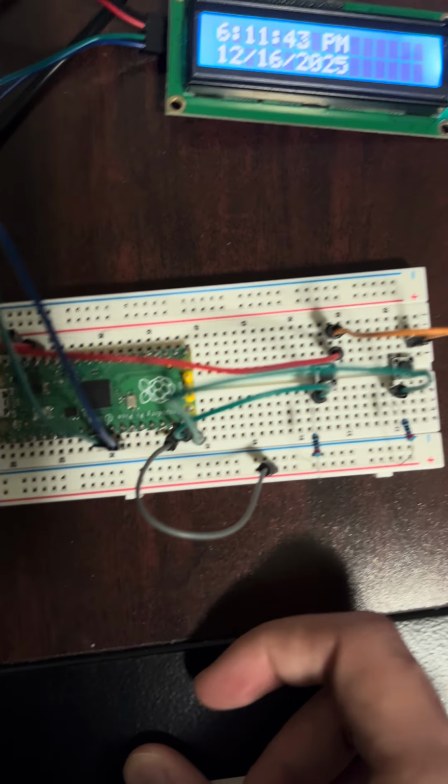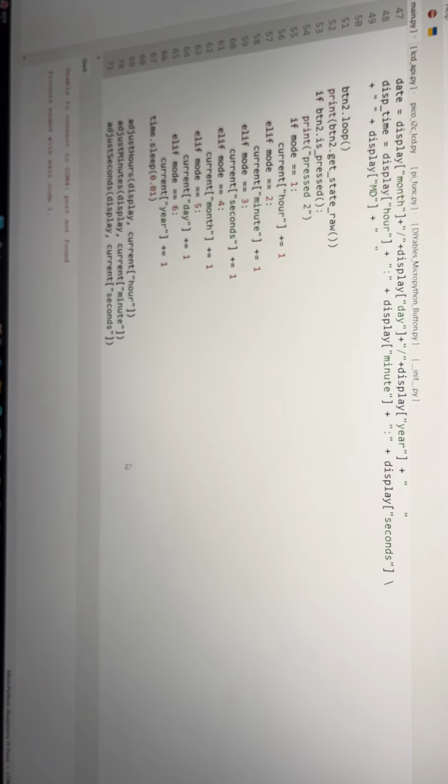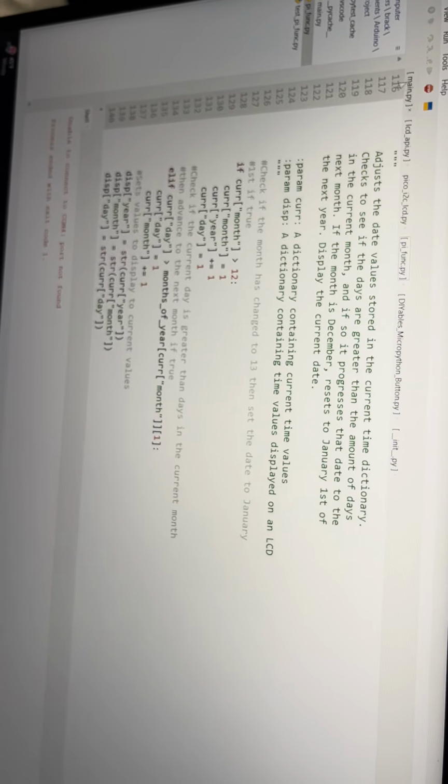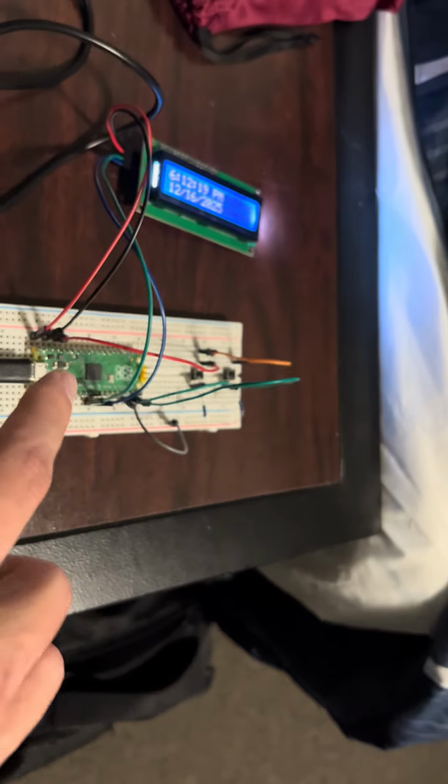And so this is the setup, and on computer the code is written in MicroPython, and there's a few files. And all of that is running on the Pi.